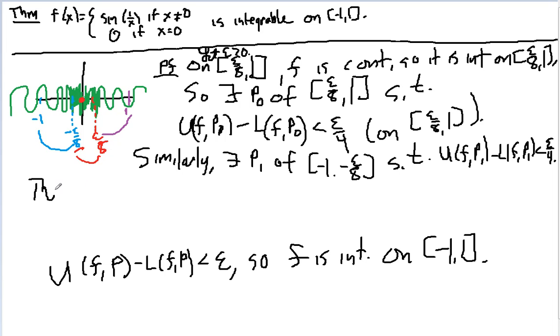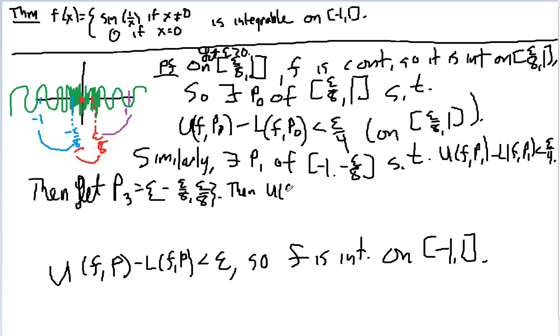Then let p3 equal the partition negative epsilon over 8, epsilon over 8. So it's the easiest partition of this middle thing that you can imagine. It just has the endpoints. Then uf of p3 minus lf of p3 is going to be equal to, well, you find the upper sums.